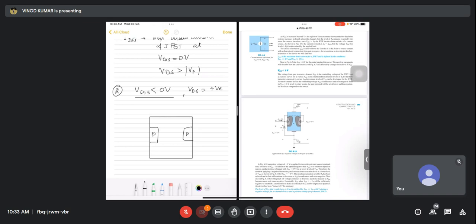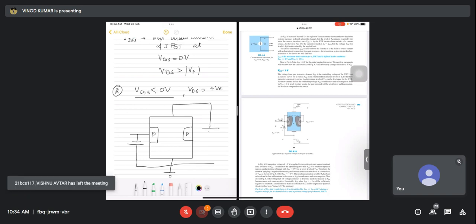This is P, this is P, okay. We are applying this as negative. तो ये VDS है, ये पॉजिटिव है, ये नेगेटिव है, that means ID current is flowing like this.